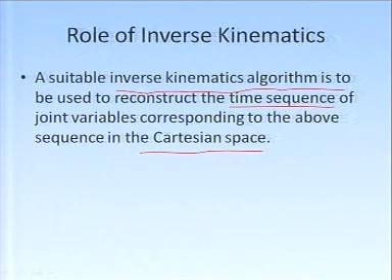In other words, whatever x, y, z of the end effector is given by a user, we have to convert into corresponding joint angles, as we have done in our inverse kinematics exercises. Once we have done that exercise, then we can do the path planning or motion planning, or what we also call trajectory planning.